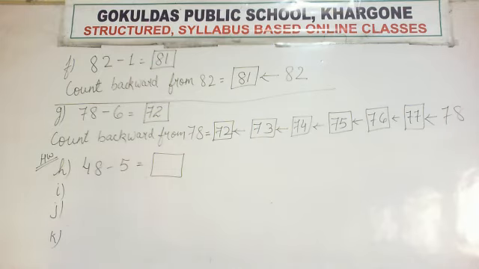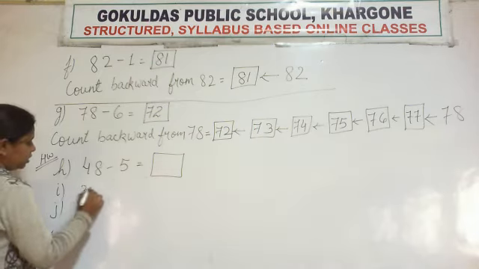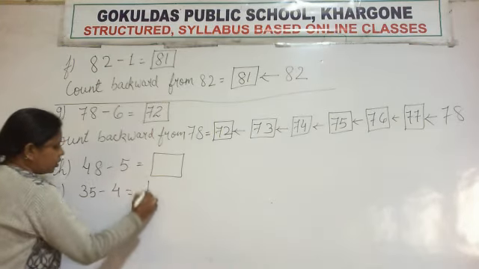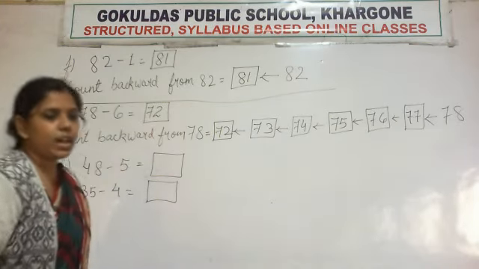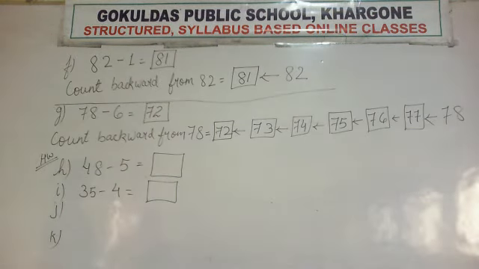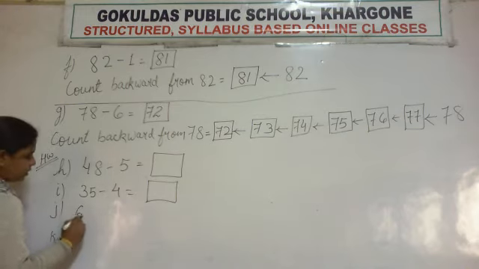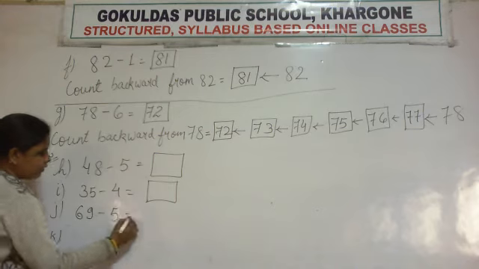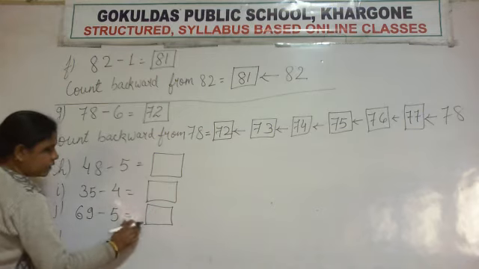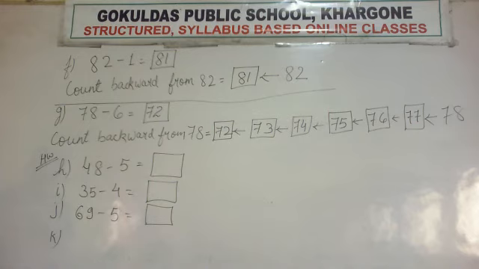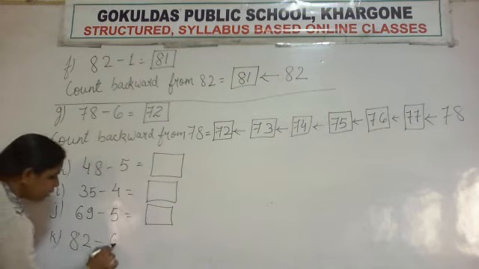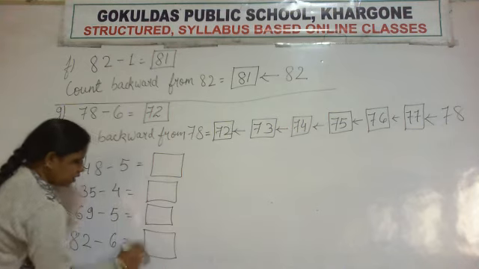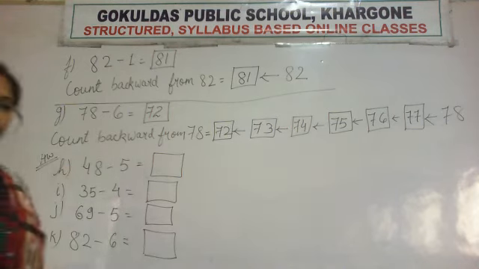Right, next question. 35 minus 4. Next. 69 minus 5. And last, 82 minus 6. These are homework questions.